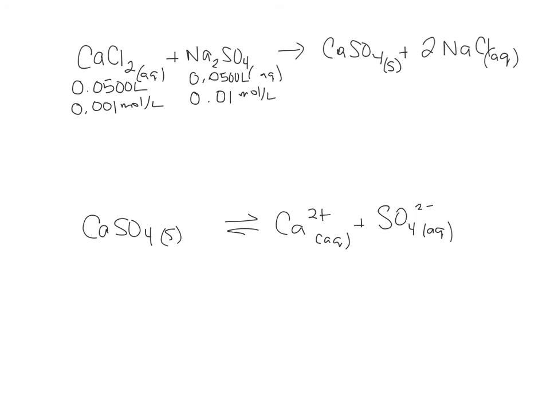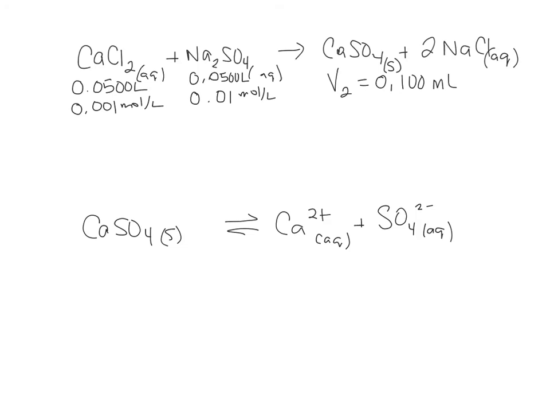So what we have to do is figure out the new concentrations after we've mixed these two solutions together. We had 50 milliliters of each, so when we add them together, our new volume is 100 milliliters.